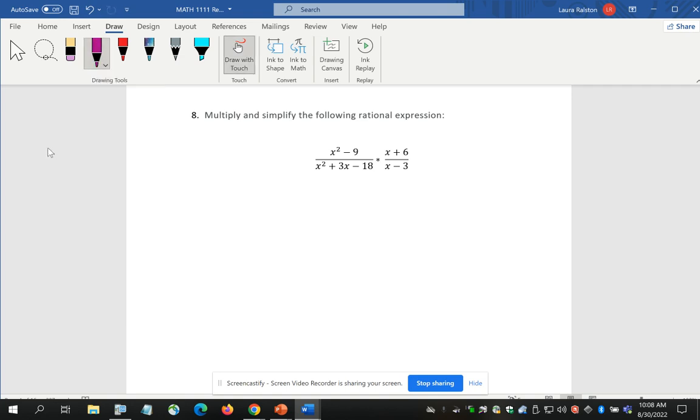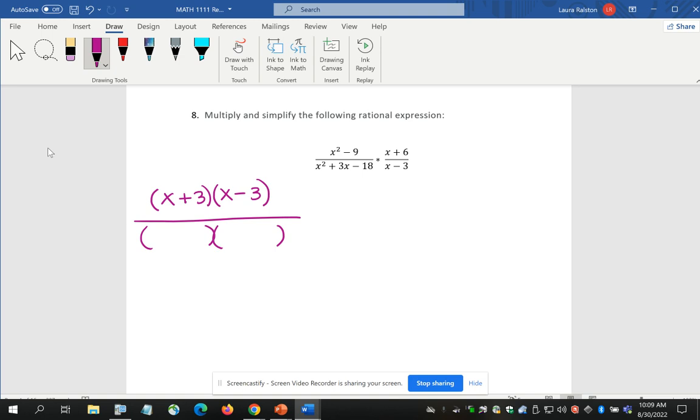The first step is to factor everything that can possibly be factored. So x squared minus 9 is the difference of two squares. So it factors as x plus 3, x minus 3. In the denominator, again, I'm going to use trial and error.